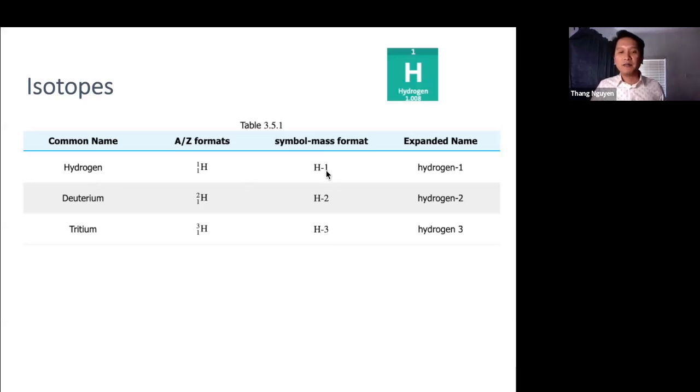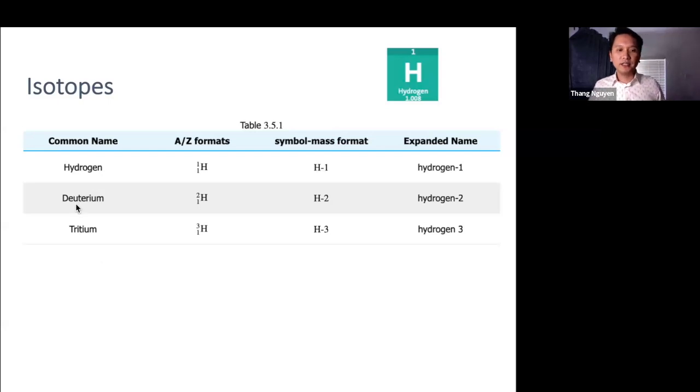It has a mass number of 1. What does that tell you? All hydrogens have atomic number 1, so it has 1 proton, right? But if its mass number is 1, how many neutrons does it have? 1 minus 1 is 0, right? So hydrogen will have 0 neutrons.